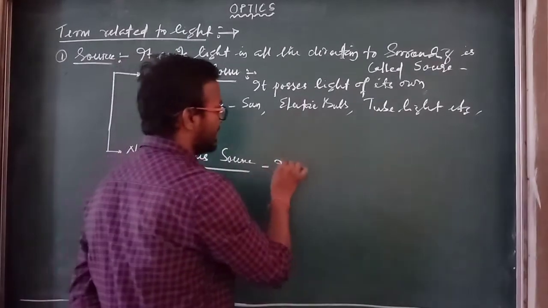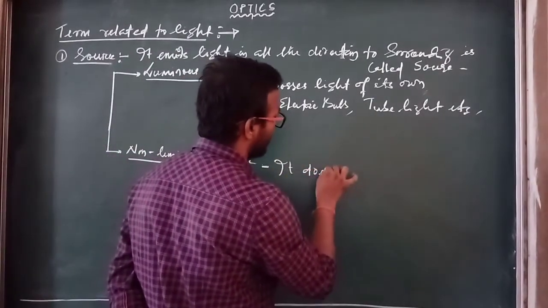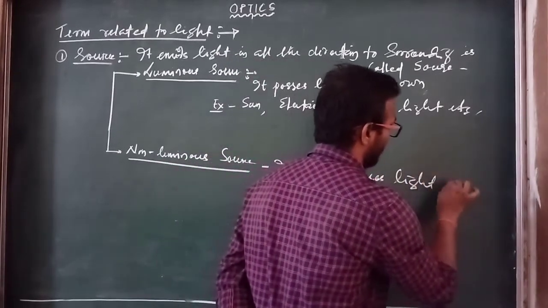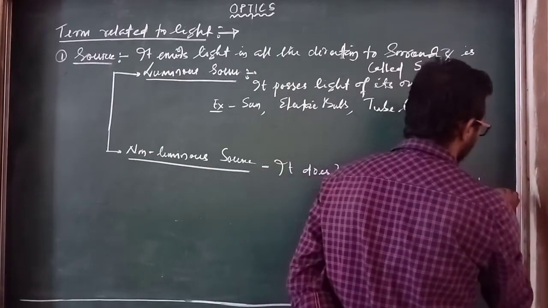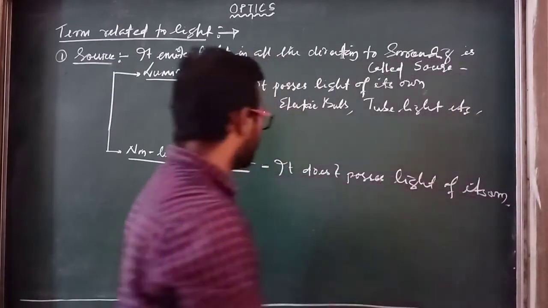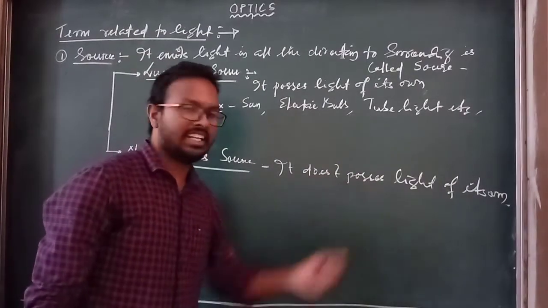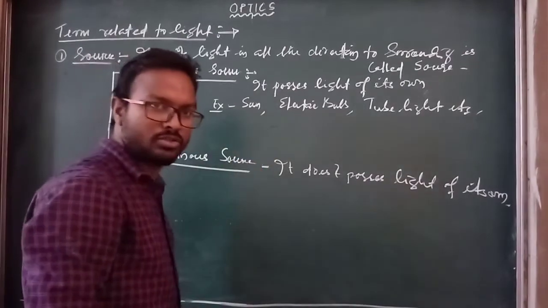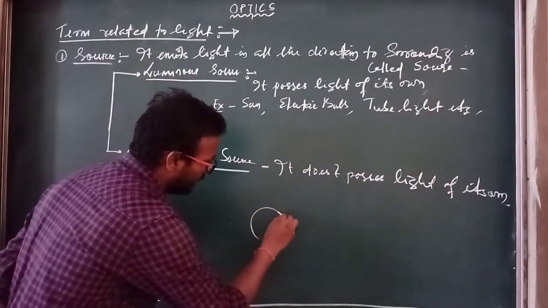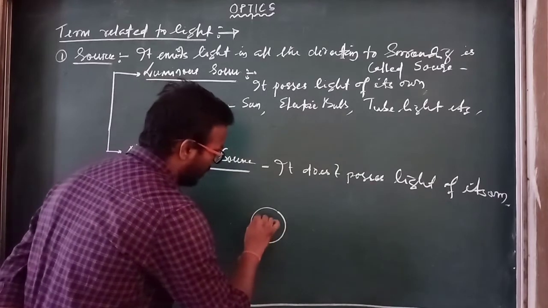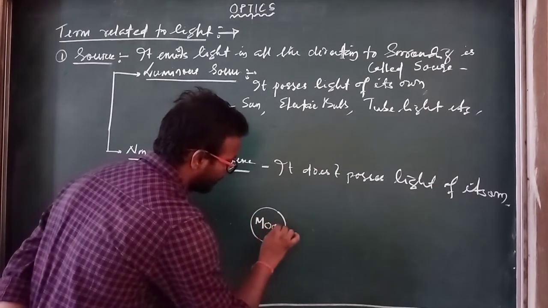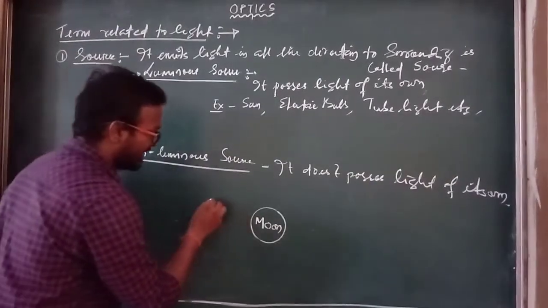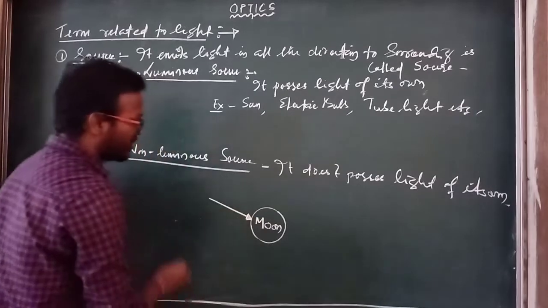And the second one is the non-luminous source. A non-luminous source does not possess light of its own, but it receives light from an external source. An example of a non-luminous source is the moon. The moon is an important non-luminous source, and it receives light from an external source.